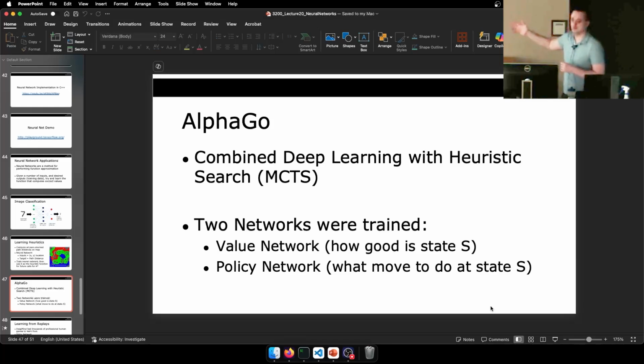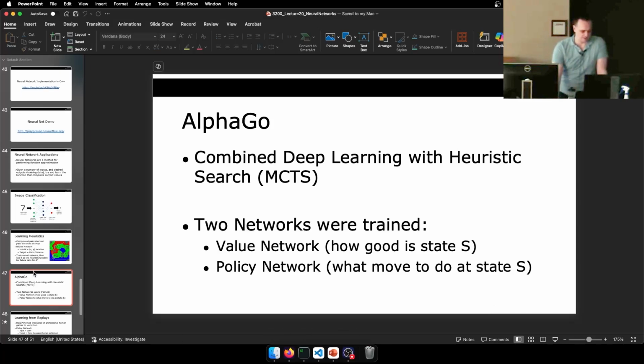And then when they went to do the search to find the move, they didn't have to look at all 300 possible moves that you can do in Go. They just looked at the 3 to 5 moves that the neural network said it should probably look at. And so it dramatically lowered the branching factor, which meant it was able to search much deeper in the tree.